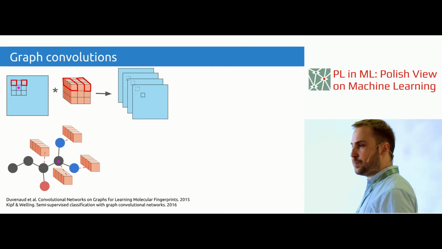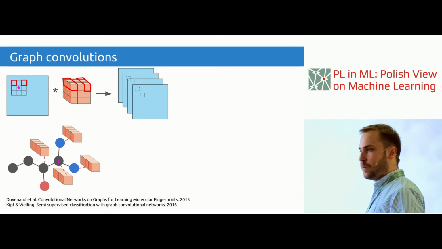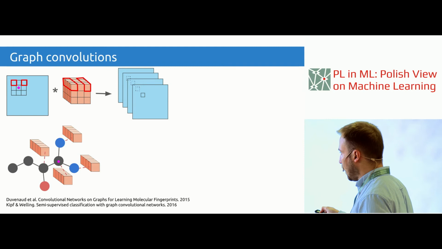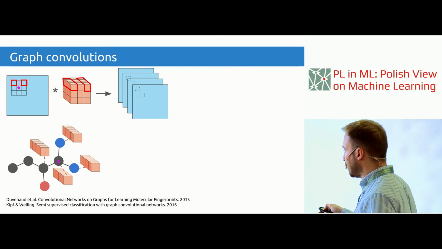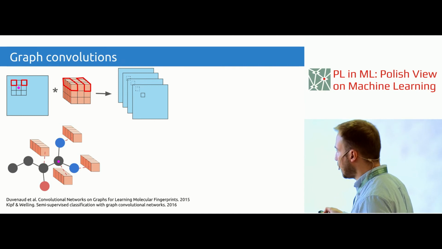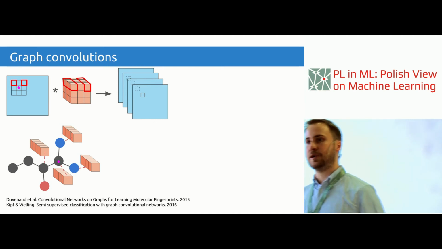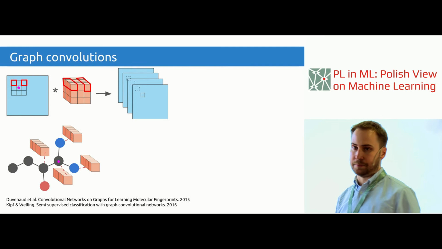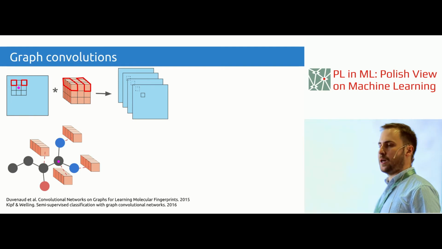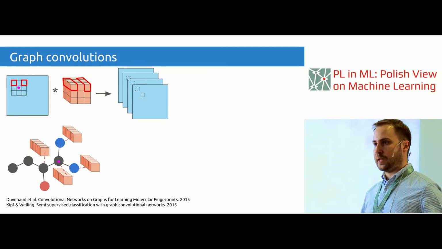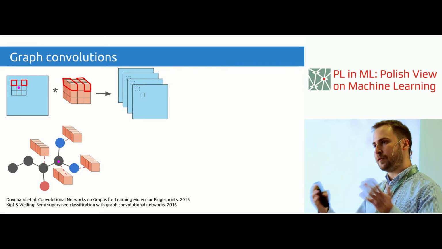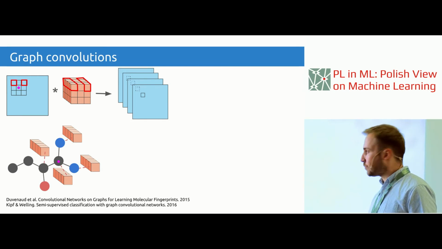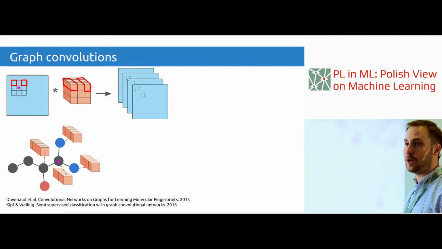So this is pretty similar, but there is one difference. In the convolution on images, the neighborhood of the central pixel is well structured and is always the same. However, in the graph case, the number of neighboring nodes may differ for different nodes.